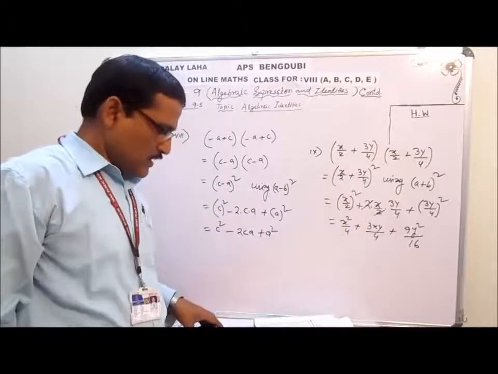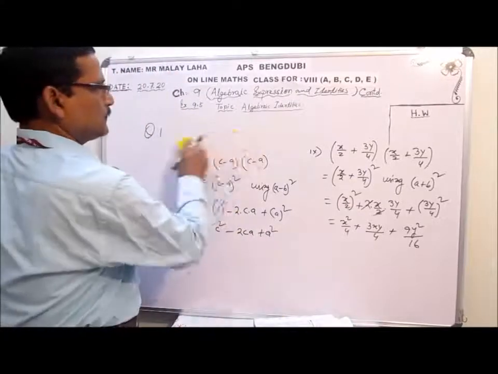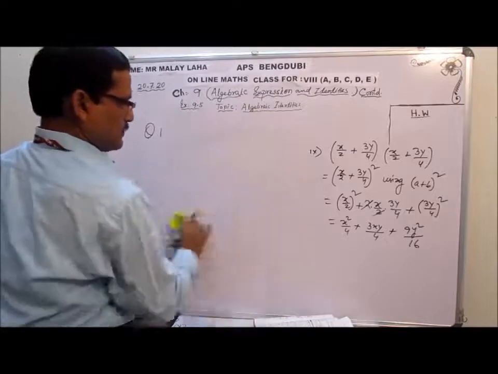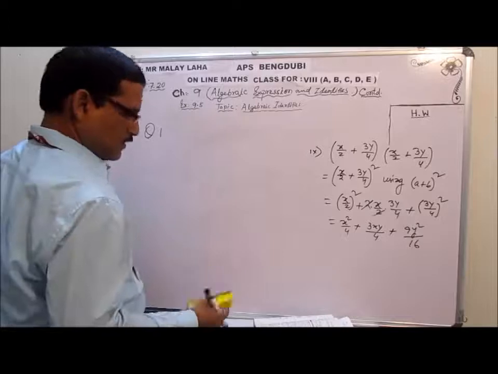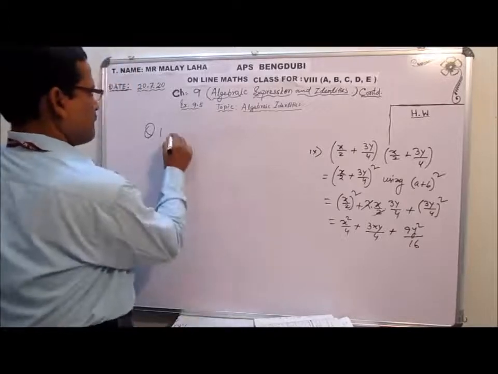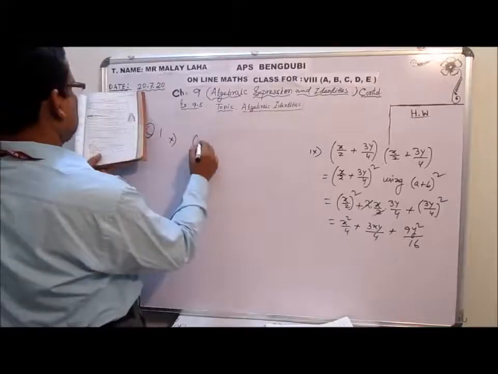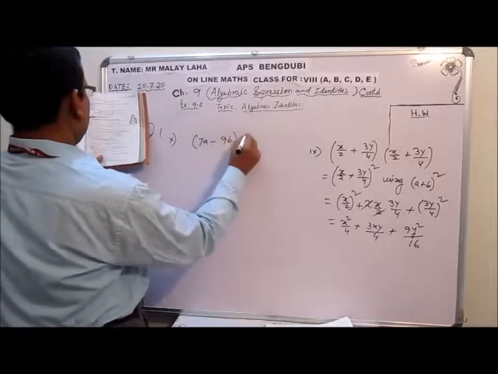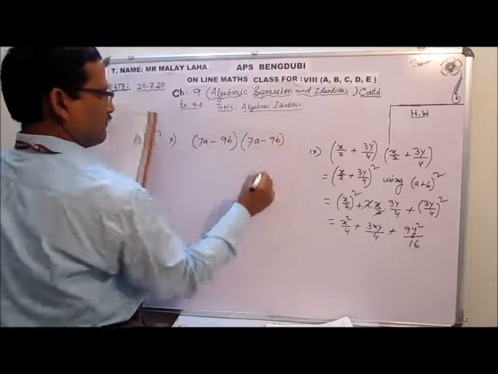Okay. Now next is 10. This is very simple type. (7a minus 9b) into (7a minus 9b).